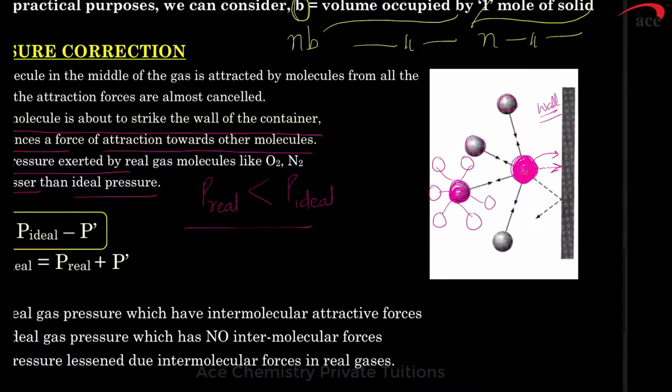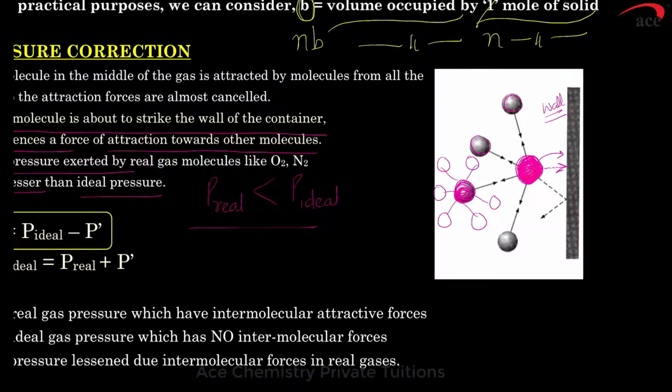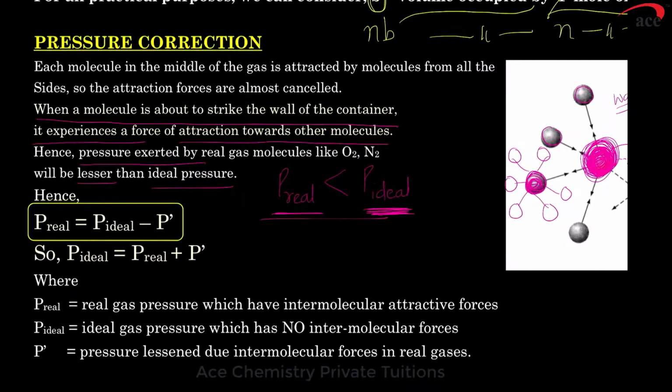Why? Because in ideal gases, there are no intermolecular forces, so the same molecule will hit the wall with larger force. Larger force, larger pressure. So who has more pressure, ideal gas or real gas? Ideal gas. So what is the pressure of a real gas? The pressure of a real gas is the pressure of an ideal gas minus some factor.